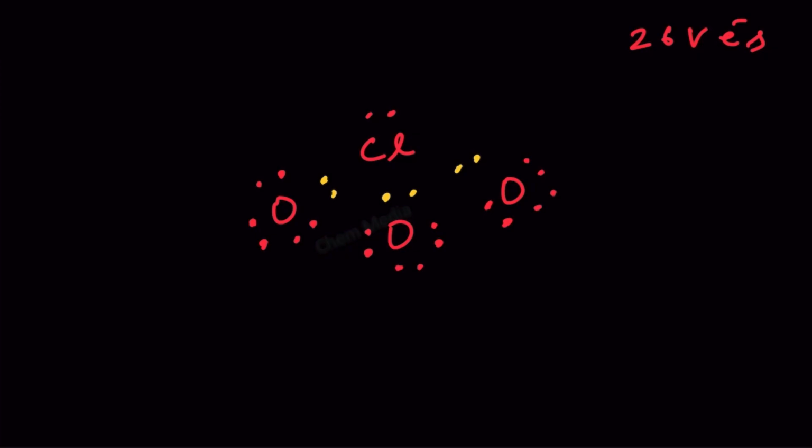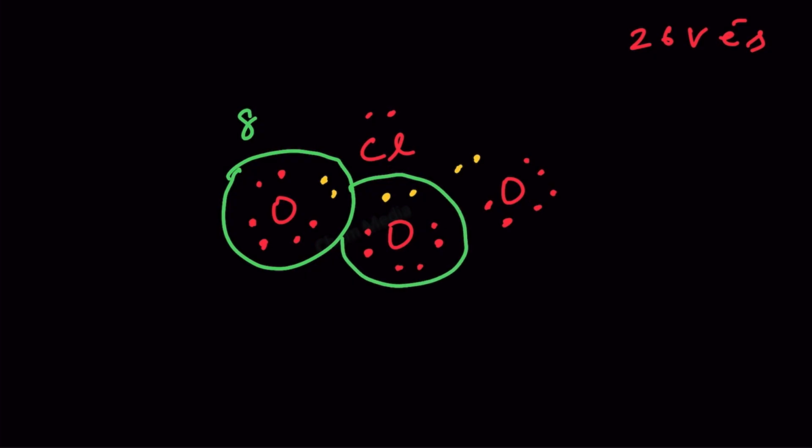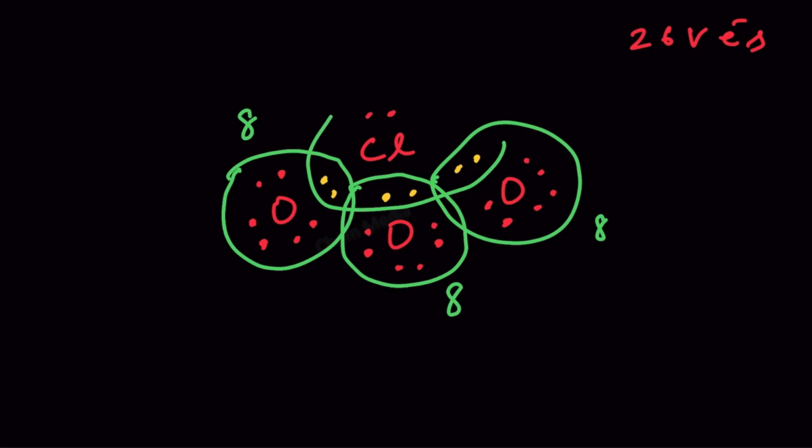Now you might think that this is the best Lewis structure for chlorate because each atom obeys the octet. All the oxygen atoms obey the octet configuration, and the chlorine atom also obeys the octet configuration because it has 8 electrons around it.